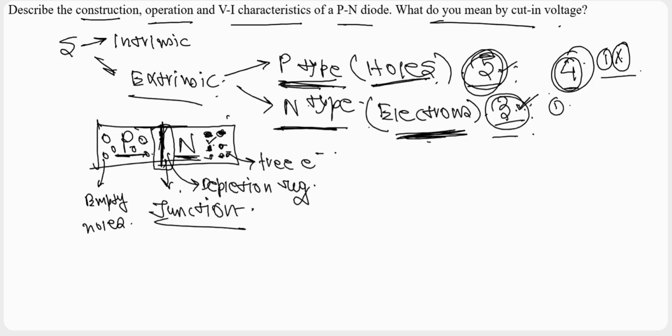The depletion region keeps the electrons in the N-type semiconductor and the holes in the P-type semiconductor. It does not allow holes to pass from the P side to the N side, or electrons to pass from the N side to the P side. This is the main function of the depletion region.